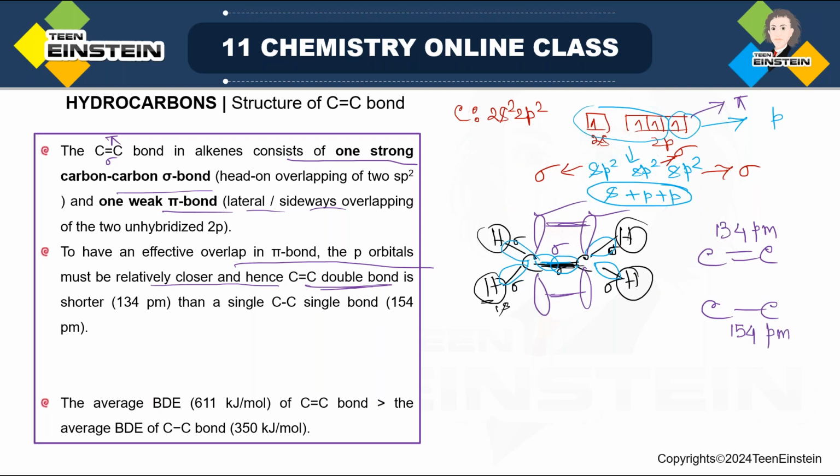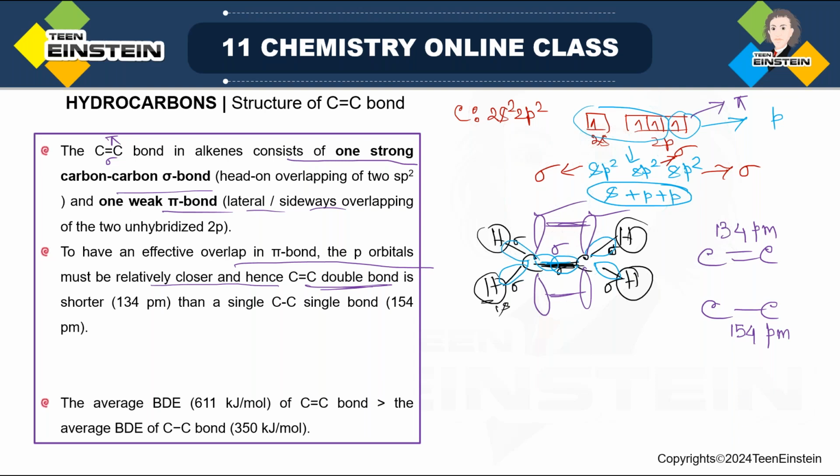And when I say C=C double bond length and C-C single bond length, don't think these values are for ethylene and alkane specifically. It is basically the average value, because from compound to compound this value may differ slightly.